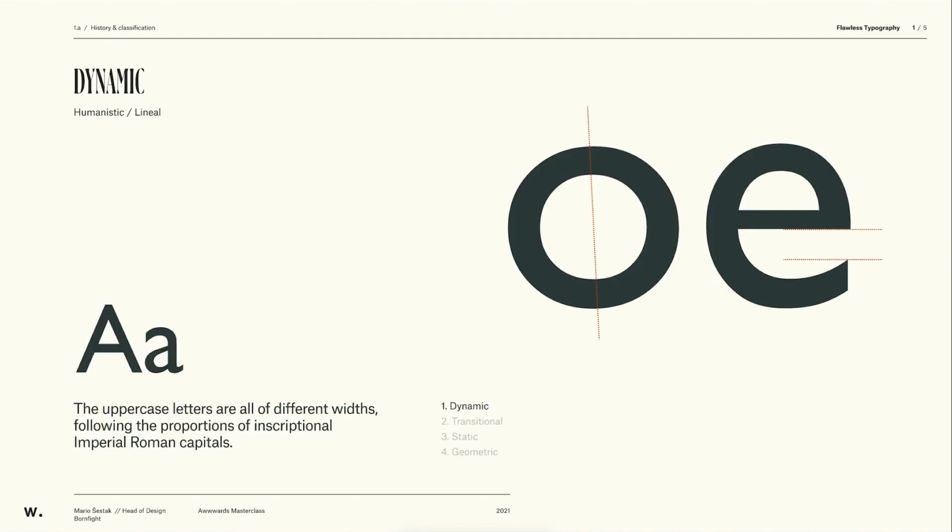There are a lot of similarities with dynamic subgroups of the serif typefaces. The letter forms are open and pronounced. The stroke contrast is usually low. However, there are some typefaces with visible stroke contrast in this group. The uppercase letters, capitals, are varied in width, and the leg of capital R is usually diagonal.